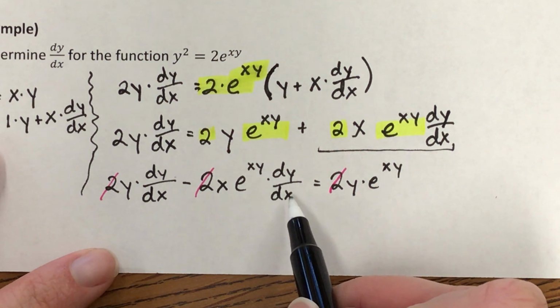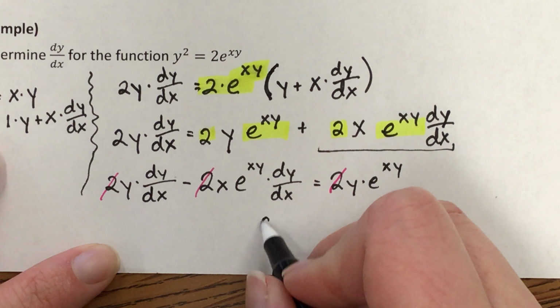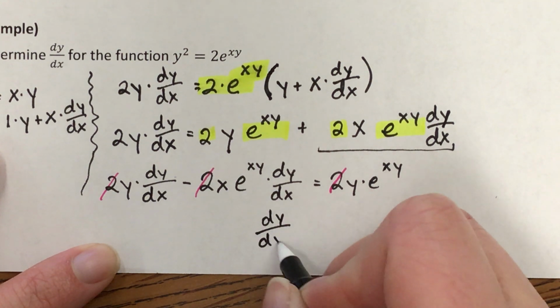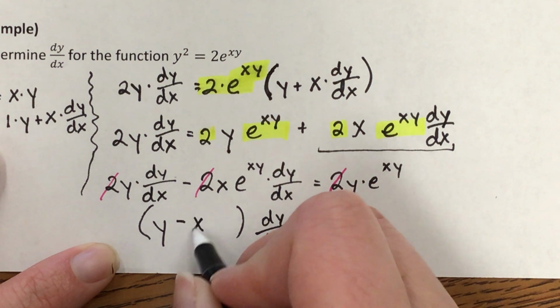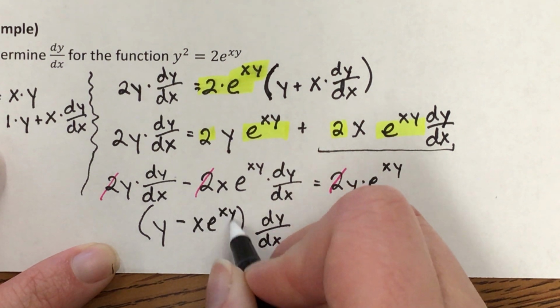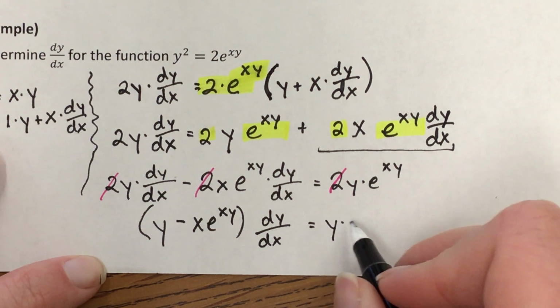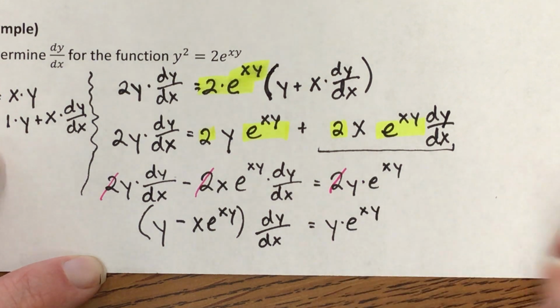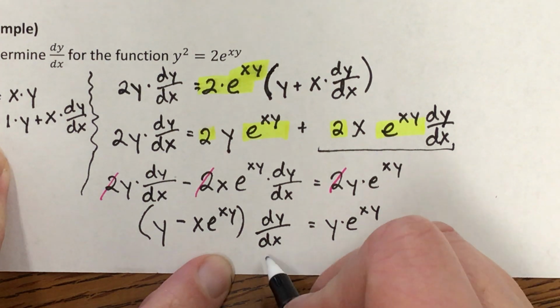All right, we want dy dx by itself. We've got to factor out dy dx in that case. Dy dx factored, y minus x e to the xy. The right side is y times e to the xy. Then dy dx is still not by itself. It's multiplied times the parentheses, so we'll divide both sides by the parentheses.